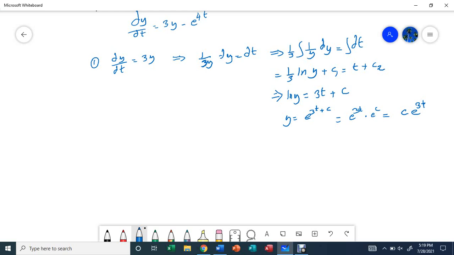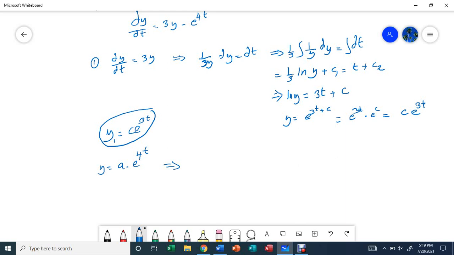First my y1, my solution to the homogeneous equation, is C e to the 3t. My guess for y will be a times e to the 4t. Now let's find that constant a.